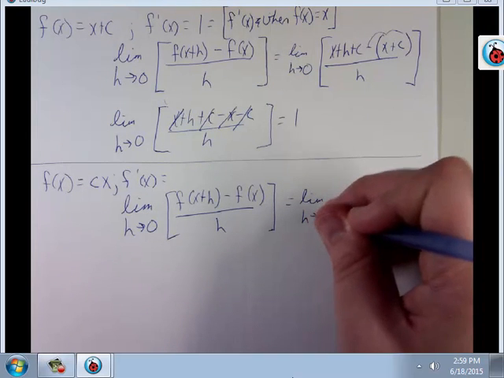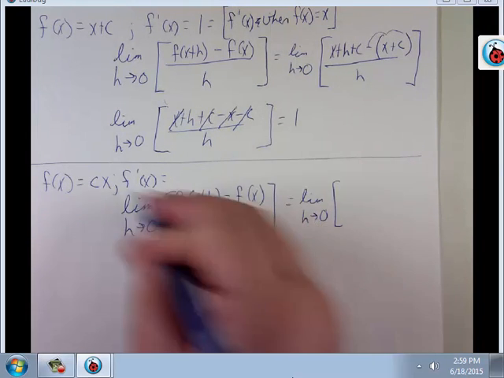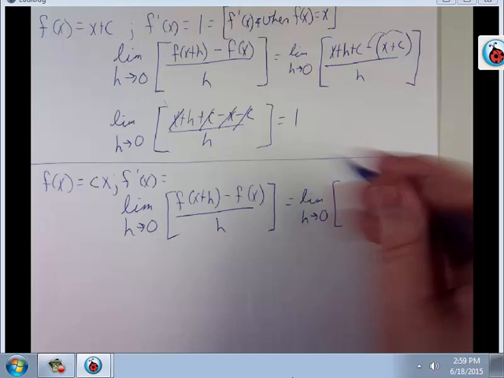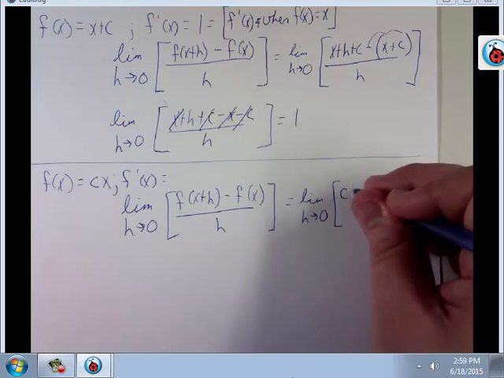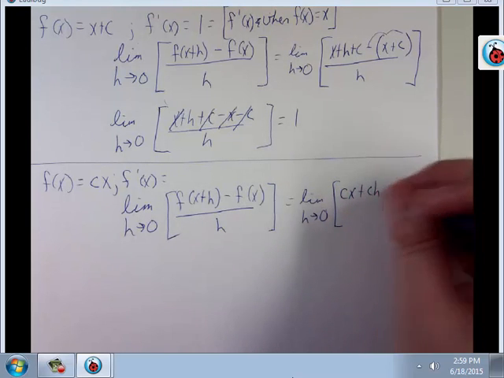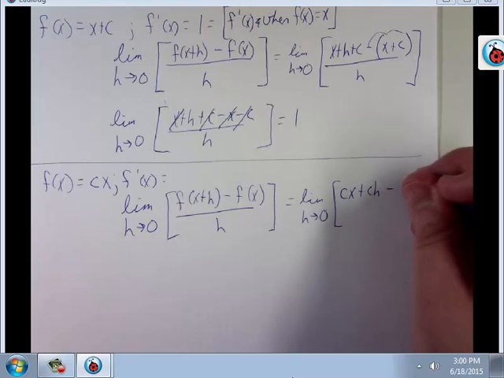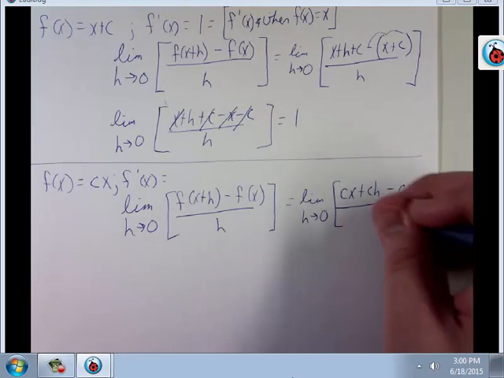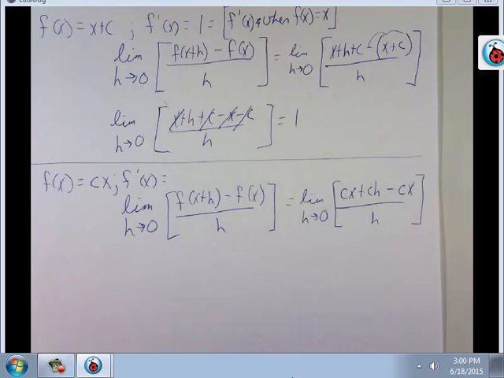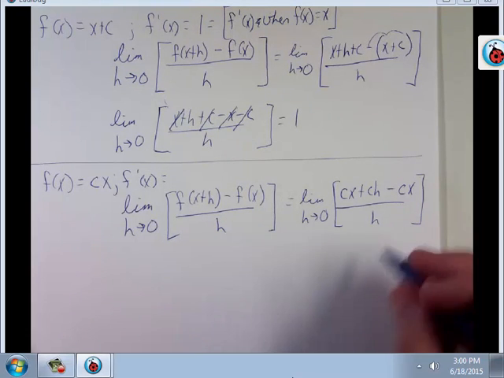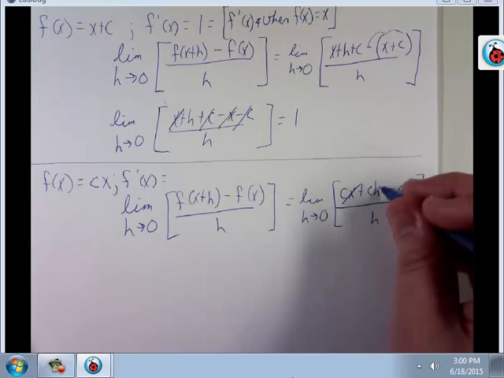So h goes to 0. Let's see, if I put x plus h in there, the c will be distributed, just to speed things up. I'll get cx plus ch minus cx all over h. All those cancel out.